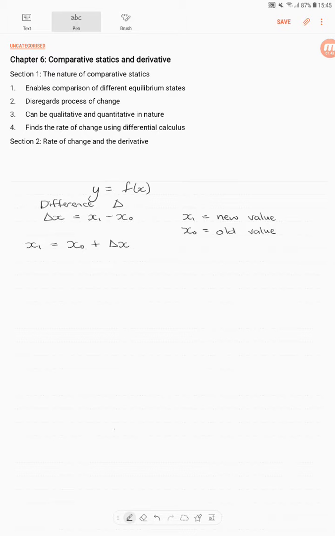To find the rate of change, we need to find the difference quotient. The difference quotient tells us the change in y per unit change of x.